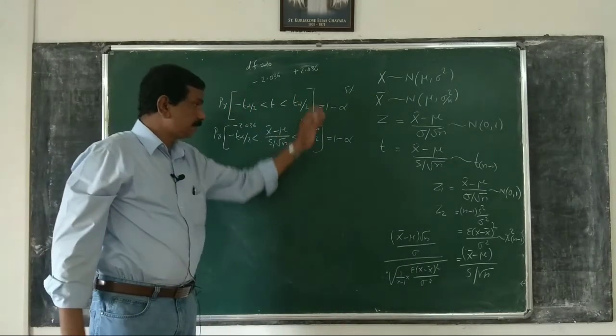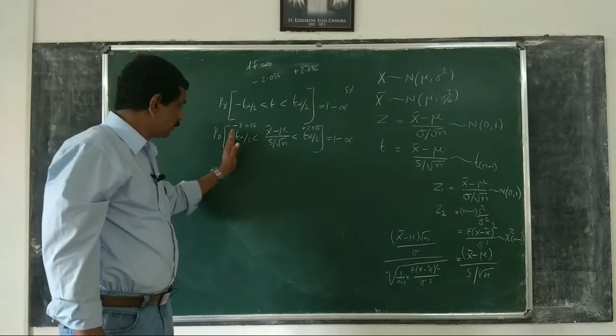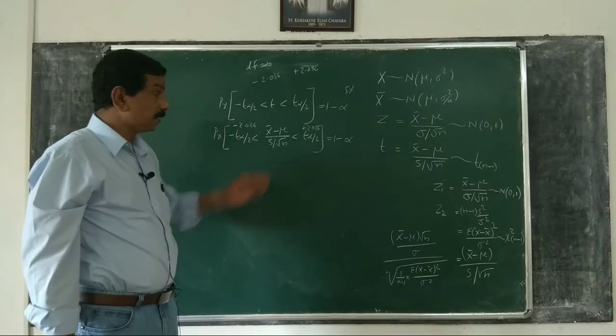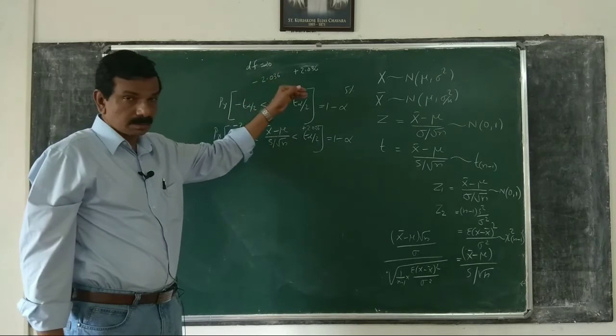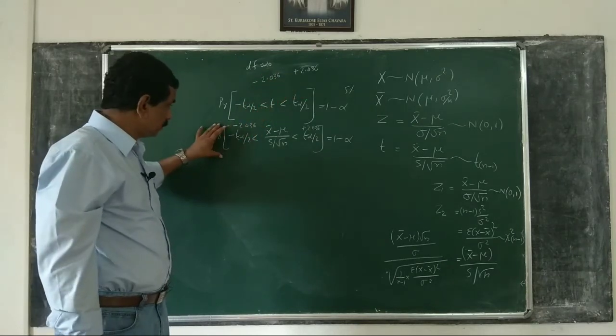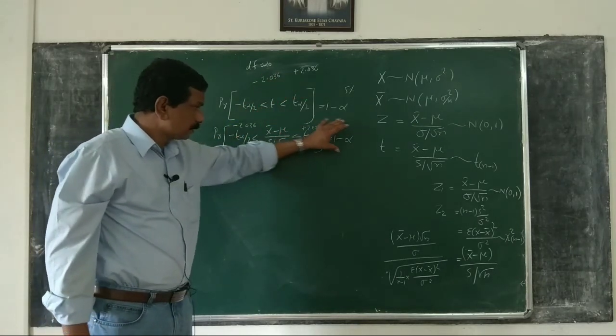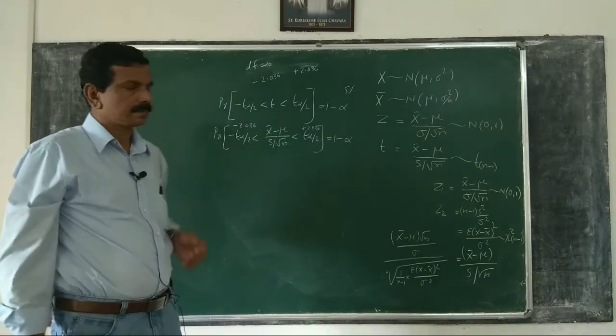And when the degrees of freedom is different, you have different critical T values. If degrees of freedom is 8, it is 2.3 something. So the critical T values depend on the degrees of freedom or sample size.